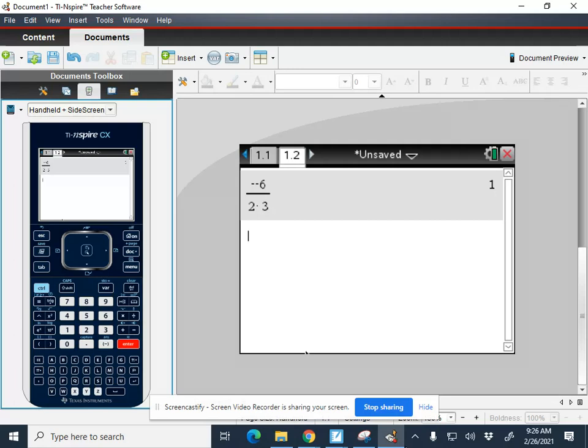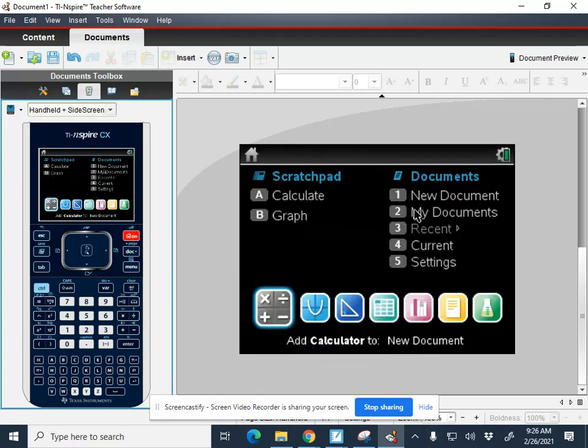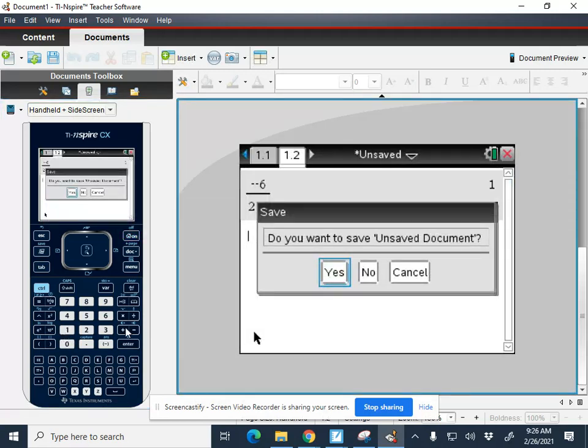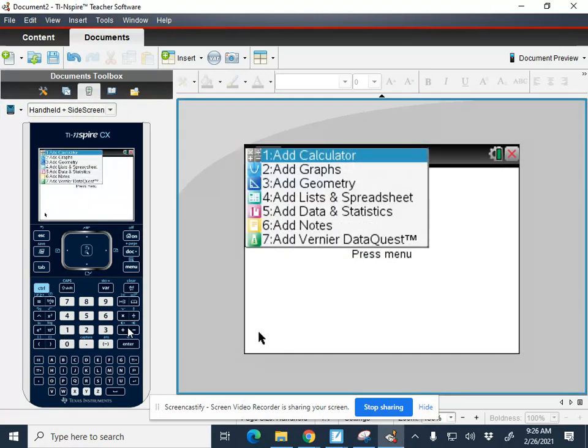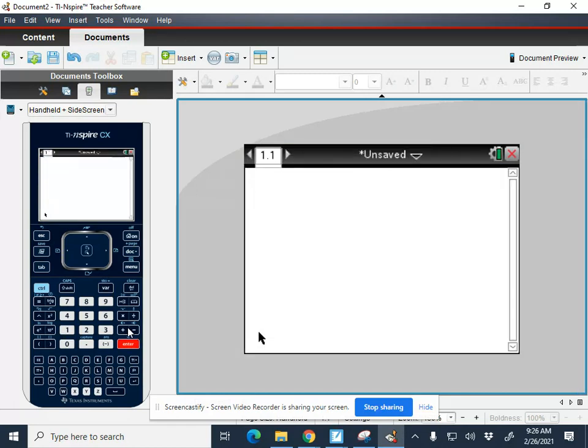All right, so everybody press the on button. When you press the on button, usually right away I recommend we press the number 1. We do a new document. We don't want to save. Then we add a calculator page. Okay? Everybody up and running?